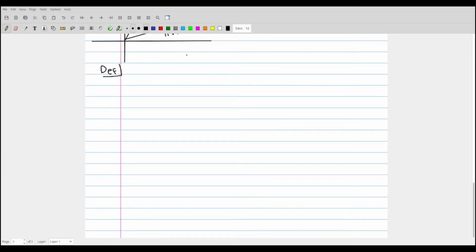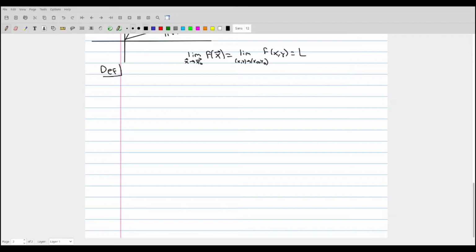You'll remember that the limit as the vector x goes to x naught of f of x is, notationally, the same thing as saying what we said before: the limit as x, y go to the point x naught, y naught of f of x, y equals L. This expression is general.